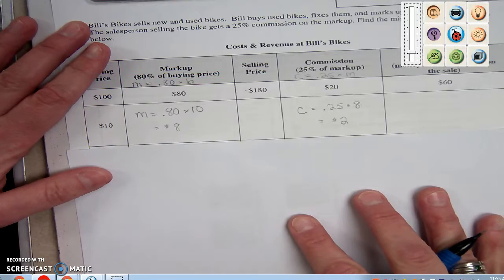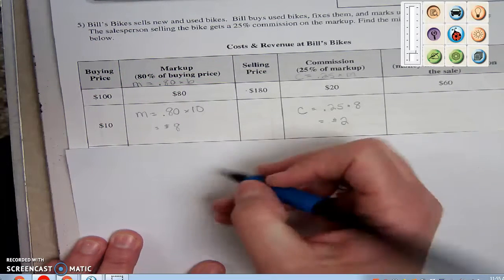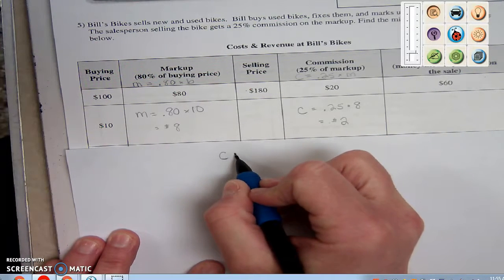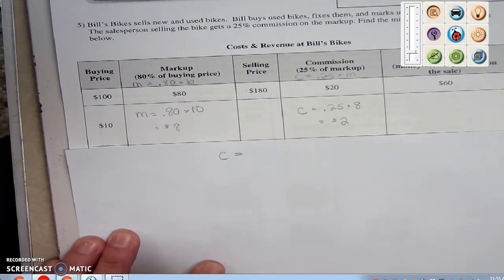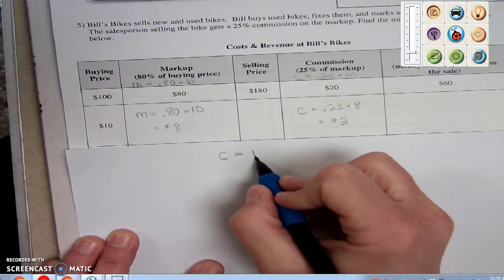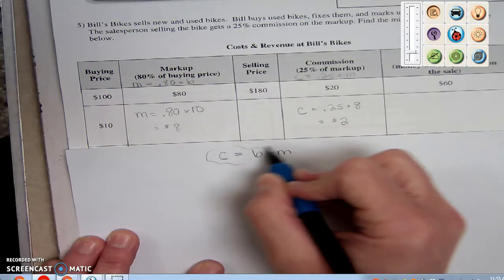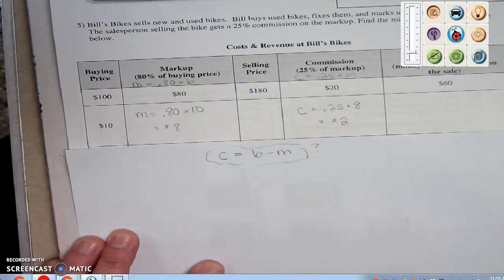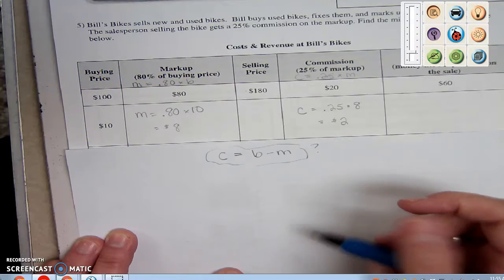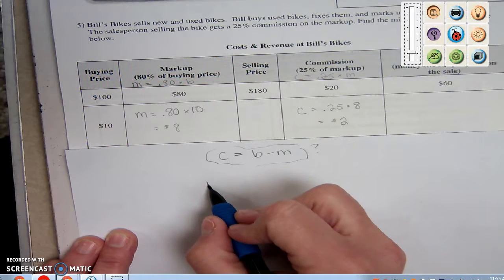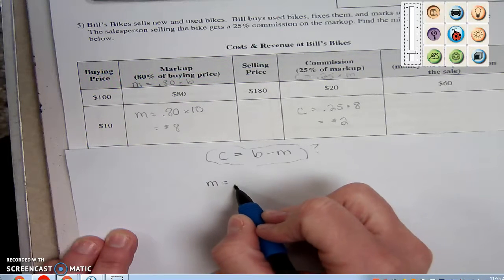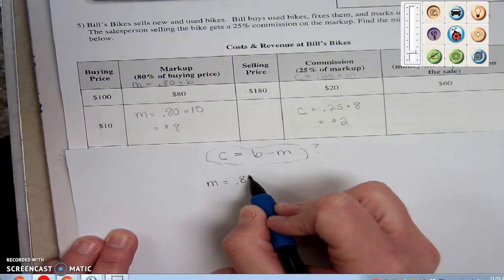Here's our hypothesis. We've noticed that the commission always equals the buying price minus the markup. And we want to know why is this true? Why is this working in this problem? It doesn't work in every problem, but it works in this one. Well, to find the markup, we do 0.80 times the buying price.